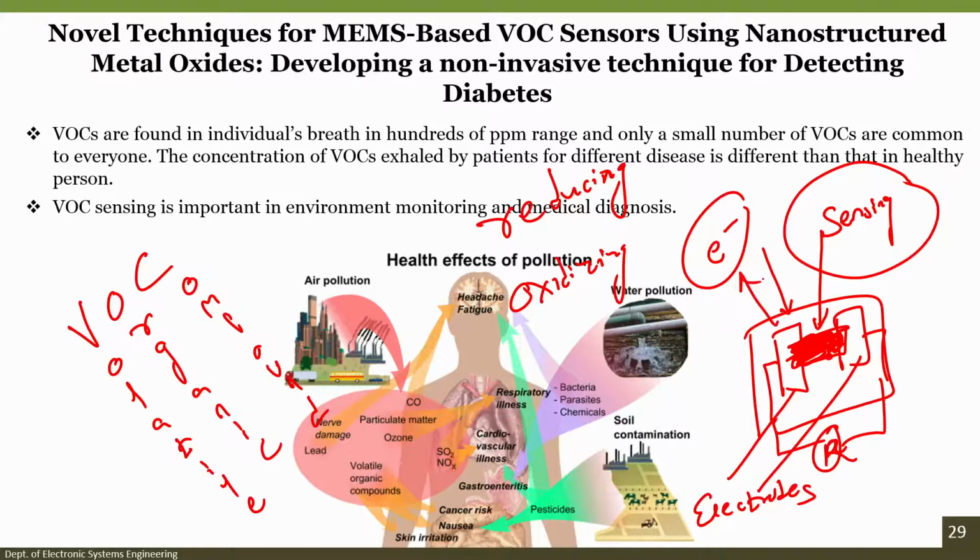So, if reducing gas, electron is donated; if oxidizing gas, electron is taken away. If the electron is donated, the conductivity would increase and resistance would decrease. If the electron is taken away, conductivity would decrease and resistance would increase, right. This change in resistance we can measure with the help of this particular sensor.